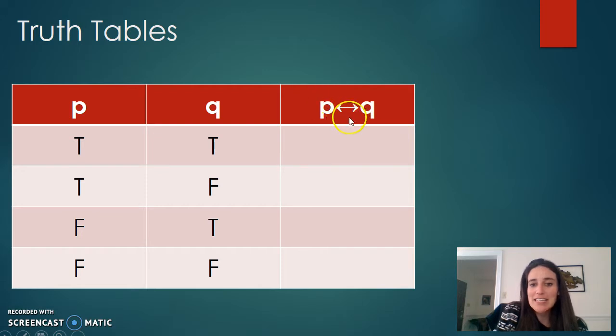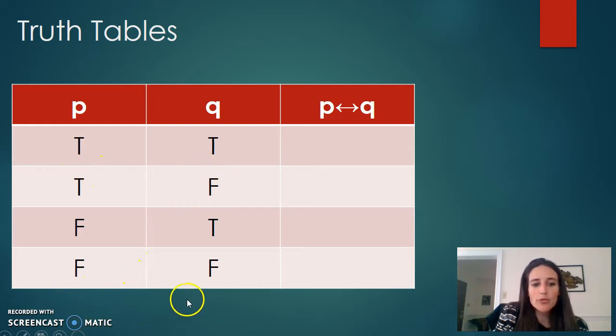Our next connective is the if and only if connective. And remember that the if and only if is an arrow that can be read in both directions. So what we're looking for here is that the true-false values agree on both sides of this double arrow. So that's going to happen in row 1 where both values are true.